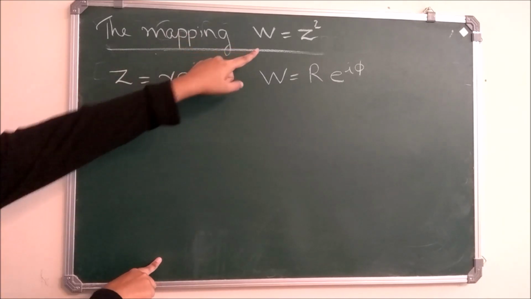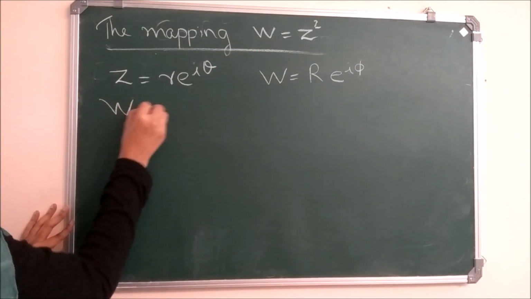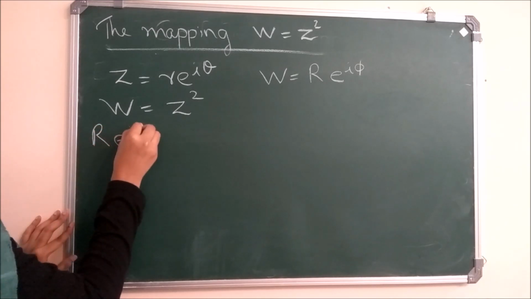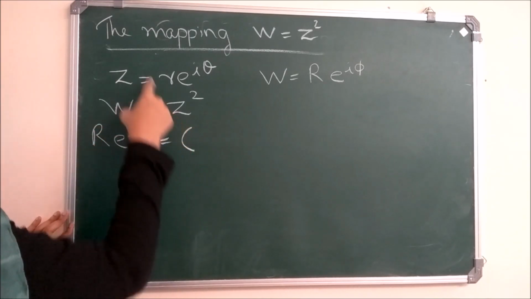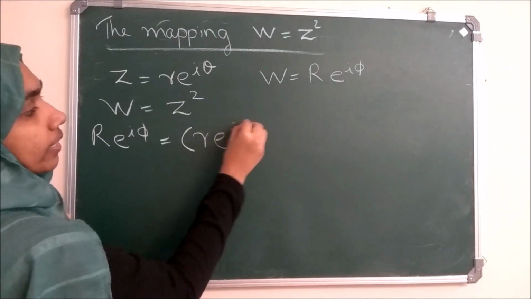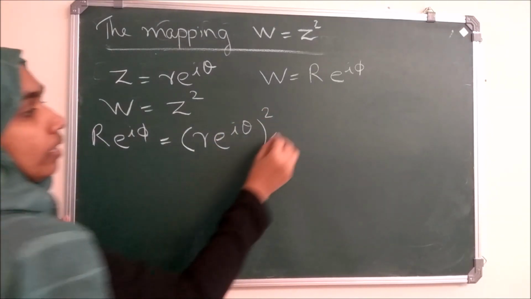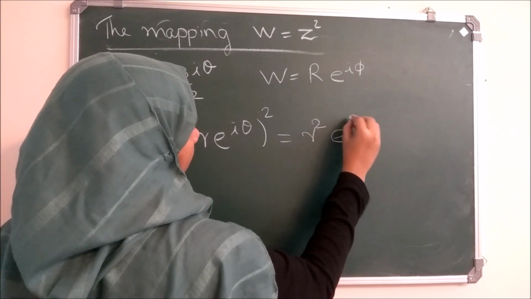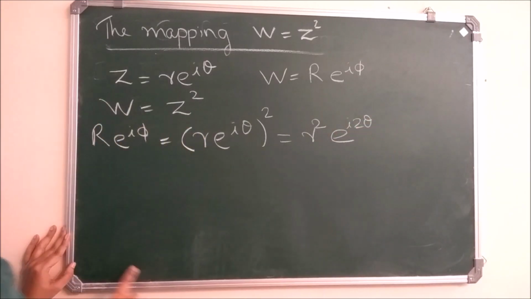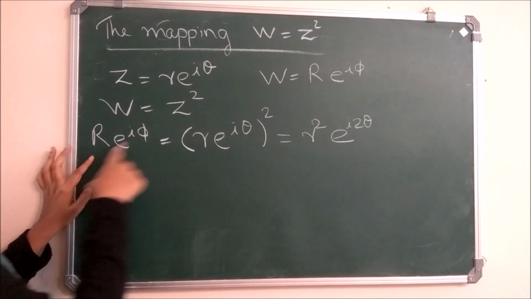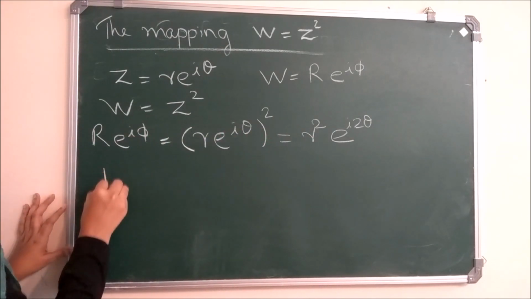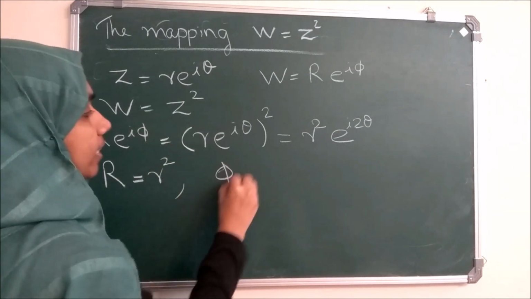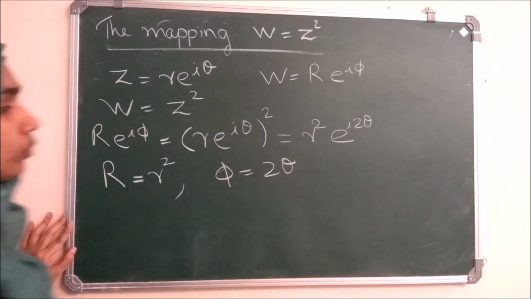Then under the mapping W equal to Z square, we can say that R e raised to i phi is equal to Z square, Z is r e raised to i theta, the square, which is equal to r square e raised to 2 i theta. So if you compare the magnitude and direction, you can see that R is equal to r square and the argument phi is equal to 2 theta.